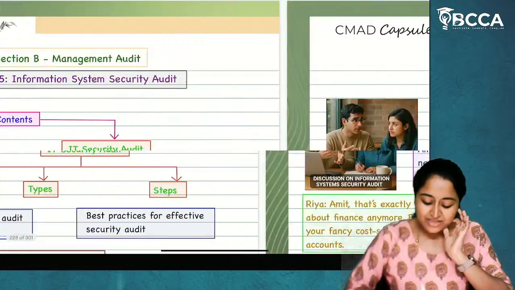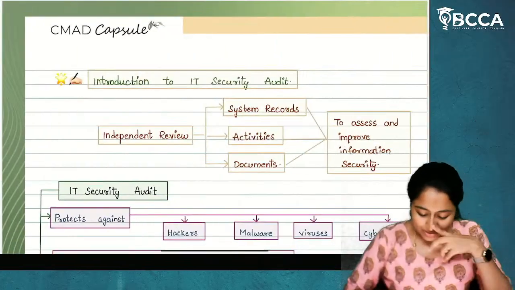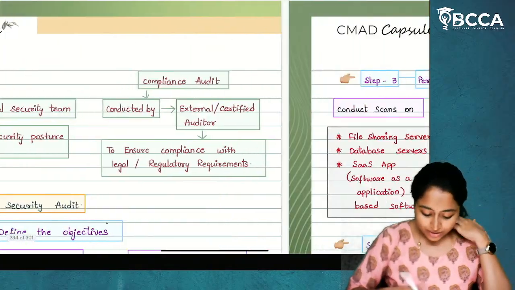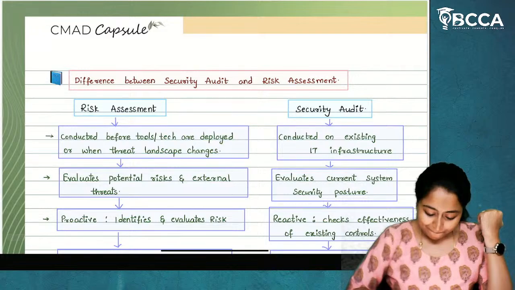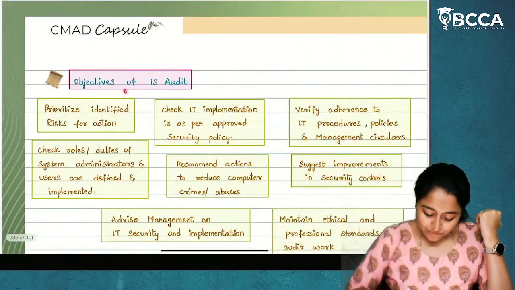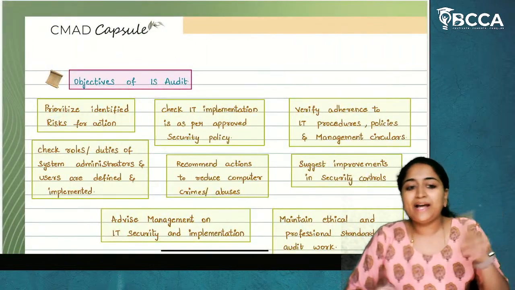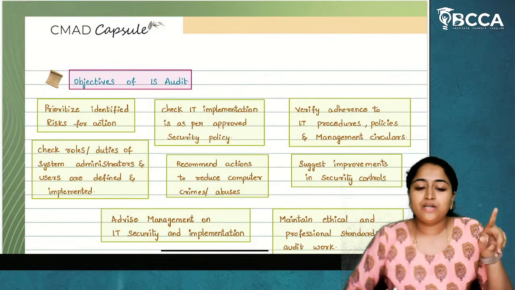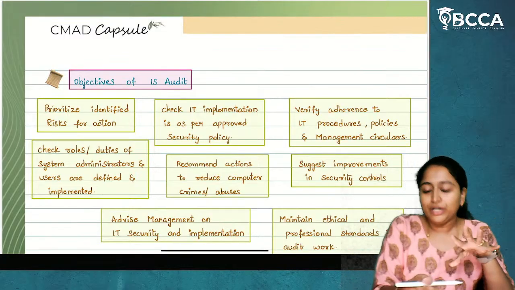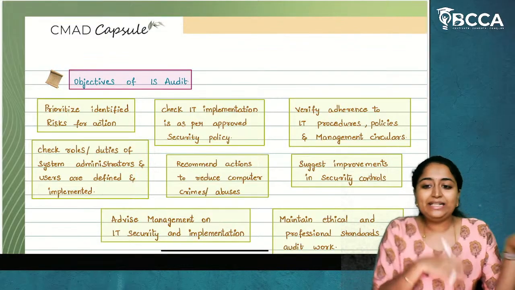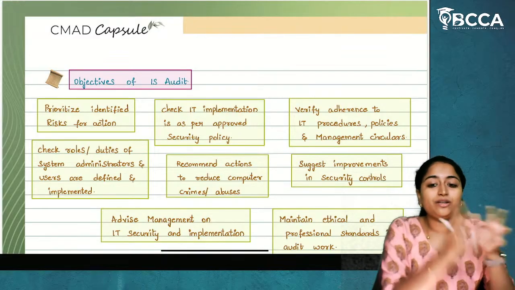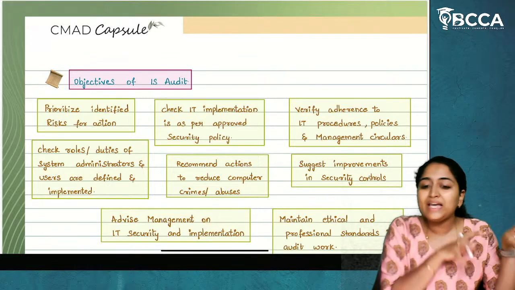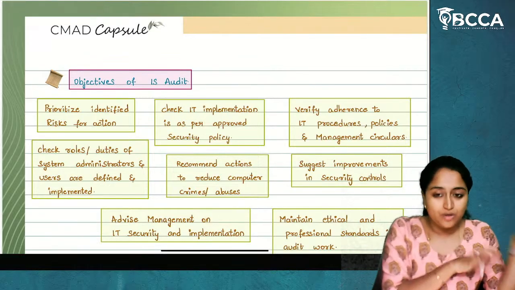In information system security audit, we have two categorizations. One is called IT security audit and the other is called IS audit. What is meant by IT security audit and IS audit? IT security audit is information technology security audit: how the information technology is there and how they are trying to safeguard or secure it. Evaluation regarding that is called IT security audit.